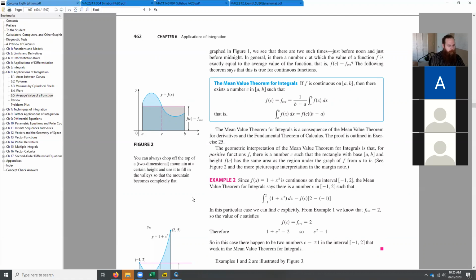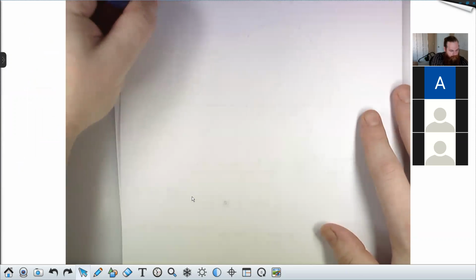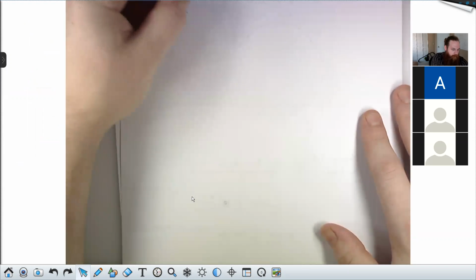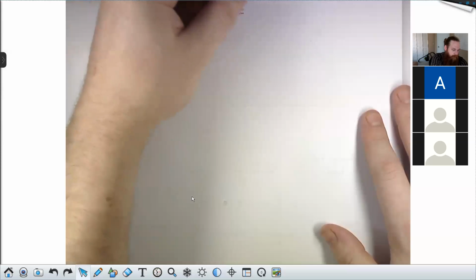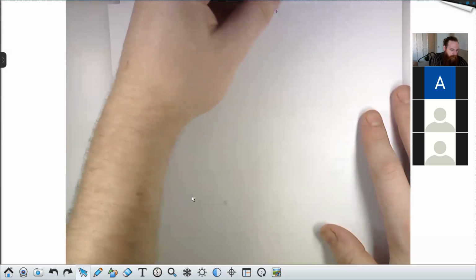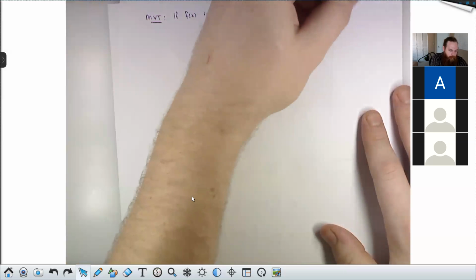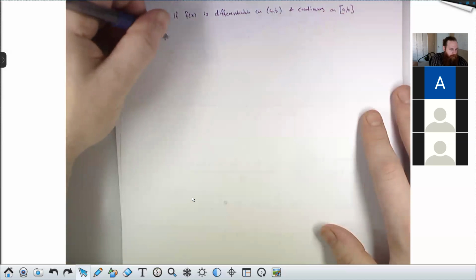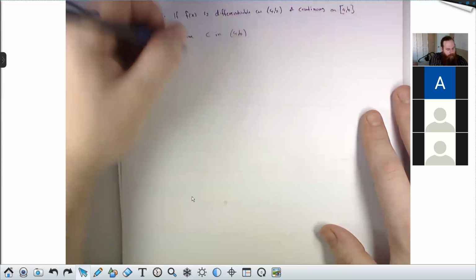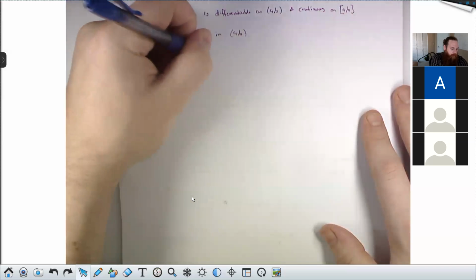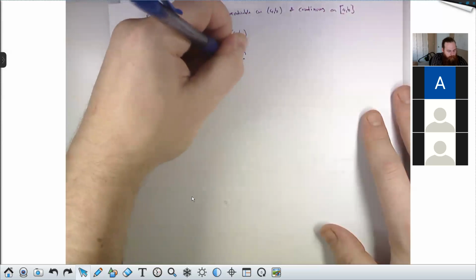I'll remind you what the original mean value theorem said. The MVT from Calc 1 says, if f is differentiable on (a, b) and continuous on the closed interval [a, b], then for some number c in the open interval (a, b), f prime of c is equal to f of b minus f of a over b minus a.